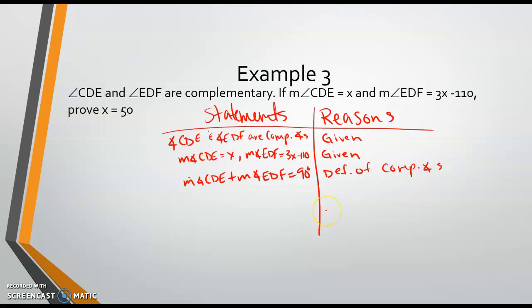I do know what CDE is. That's x, so I'm going to substitute. I know that EDF is 3x minus 110, and so then all of that equals 90. And so that's using the substitution property.